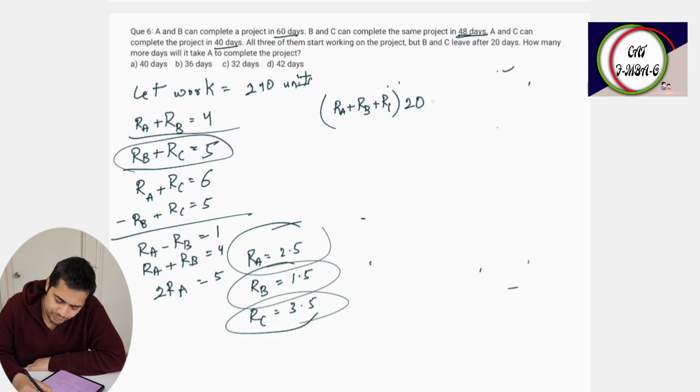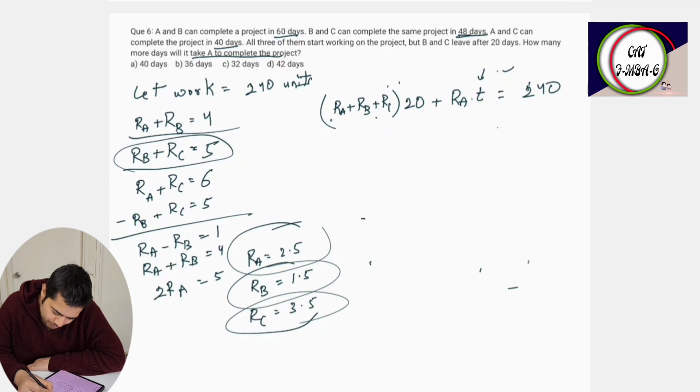After this, B and C leave and only A is working. How many more days will A take to complete the work? This T we have to find, and total work is 240. A plus B plus C is 2.5 plus 1.5 plus 3.5, which is 7.5, into 20, plus A, 2.5, into T, is equal to 240.